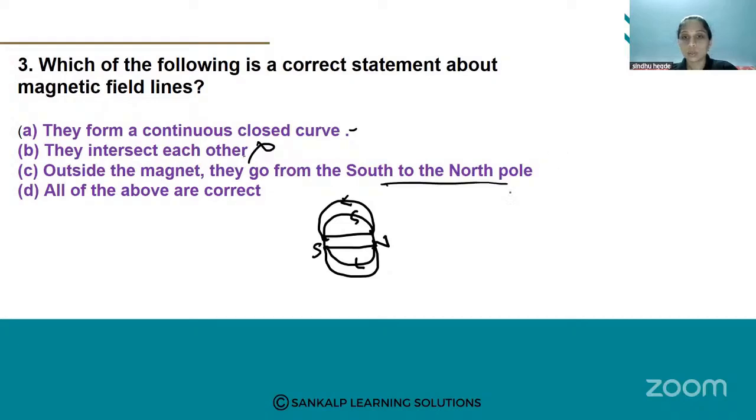No, this is also wrong. They always go from north to south. Outside only north to south. Inside it is south to north.